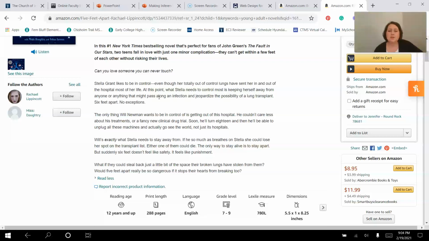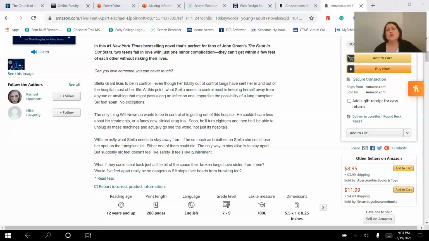And so most of her life is keeping herself away from anything or anyone that could infect her. So I'm thinking, well, she's pretty stressed out. And then here's the other character, Will Newman, who just wants to get out of the hospital and he doesn't care about anything. He's just going to turn 18 and leave. Well, I can relate to that because I have some teenage boys that act that way at home. So I can connect with the girl and I can understand the mentality of the boy.